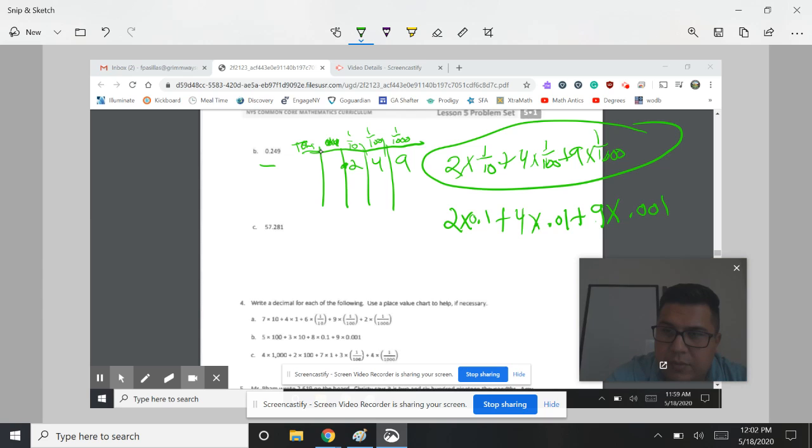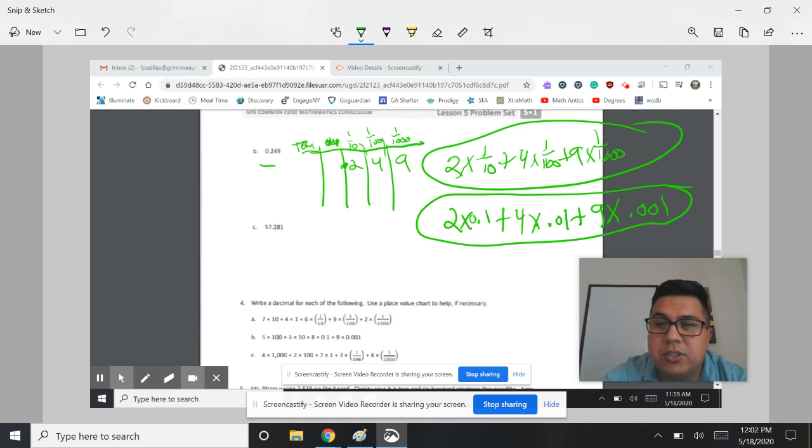Okay, and this is putting it in decimal form. So you have your two options. You can put it in fraction form or decimal form. Either way, you'll get it correct. You only have to do one. And now you'll just work on the rest and do it that way.